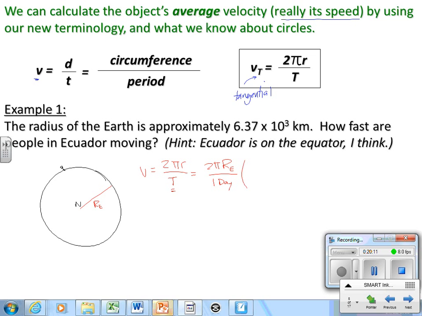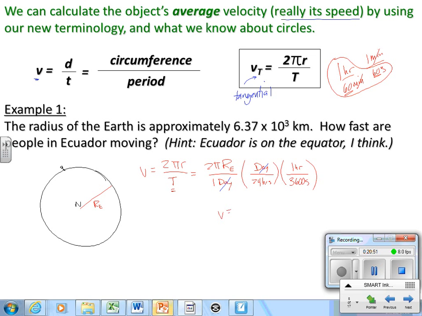In a day, there are 24 hours, and in an hour, there are 60 minutes, and in a minute, 60 seconds. So in an hour there are 60 times 60 seconds, or 3,600 seconds. Do the math, folks.